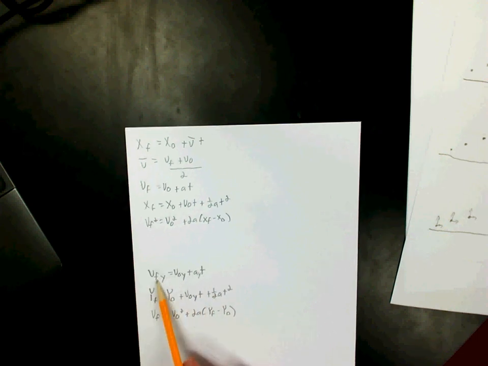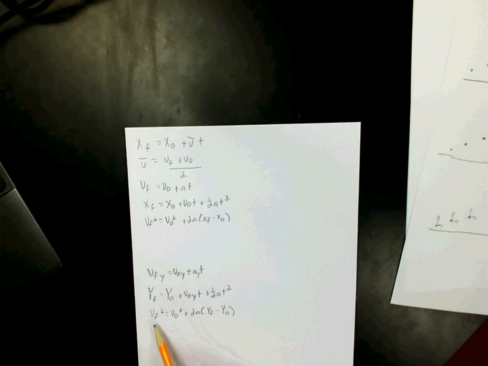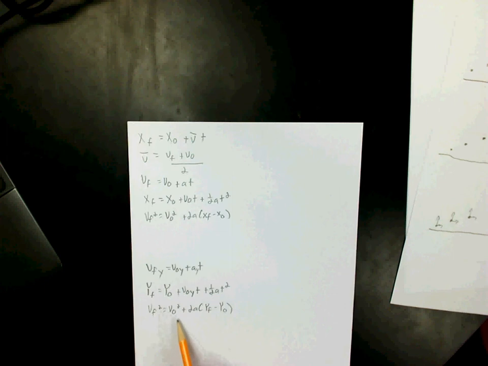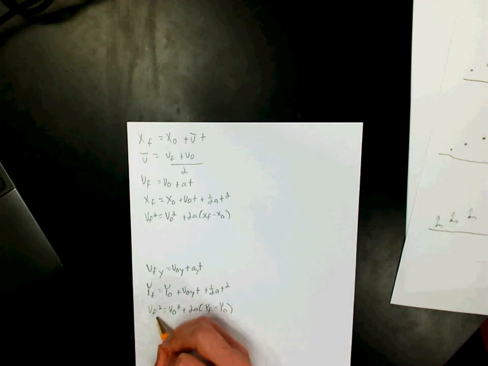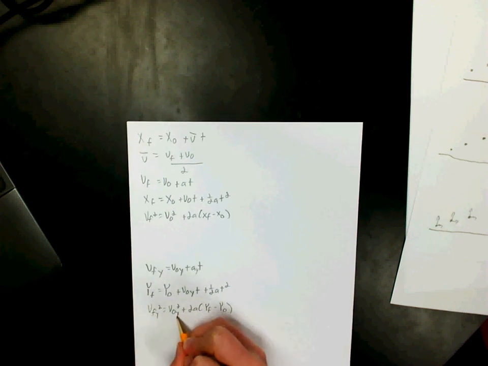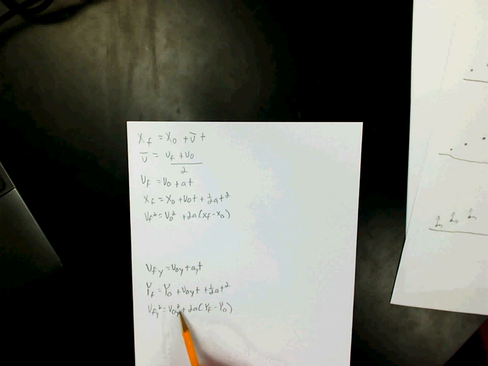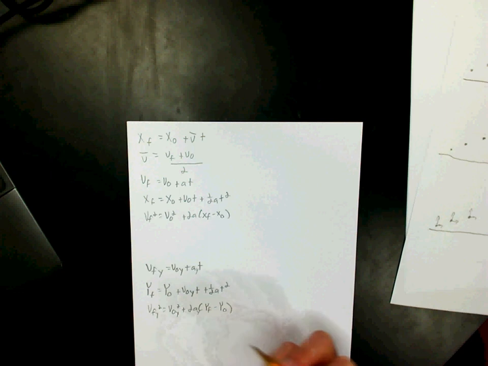Then going down to the fifth equation, our final velocity in the y direction squared equals our initial velocity in the y direction squared, plus 2 times our acceleration in the y direction, which is once again gravity.